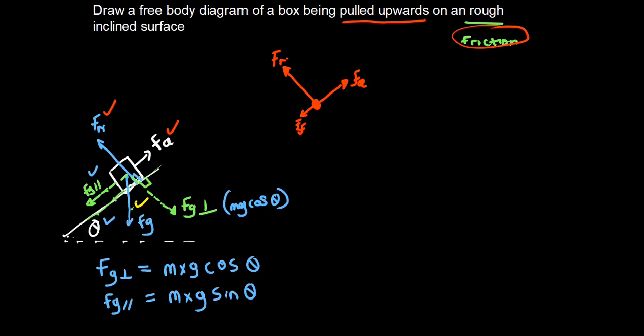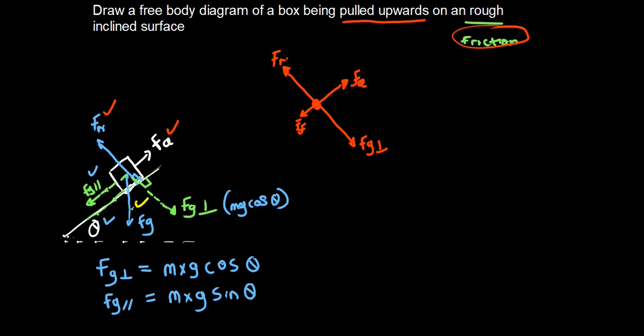Okay, so instead of drawing our Fg going down like this, we will represent it by the two components, which are the Fg perpendicular, going like this, and we name it Fg perpendicular.